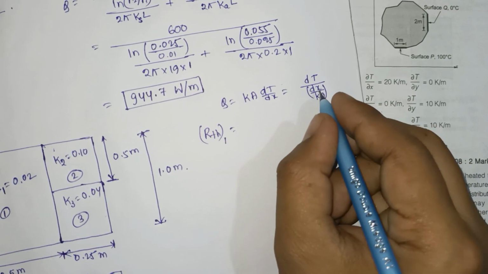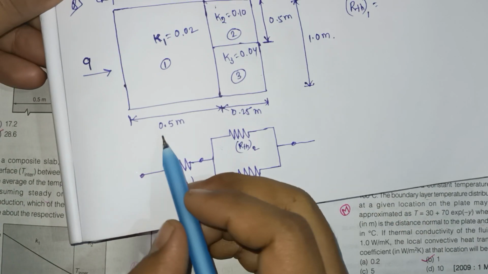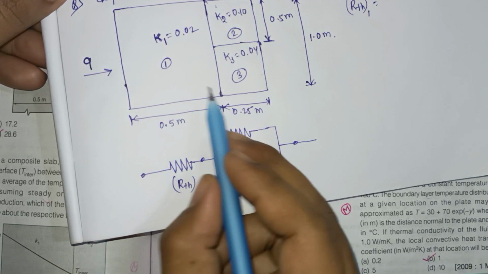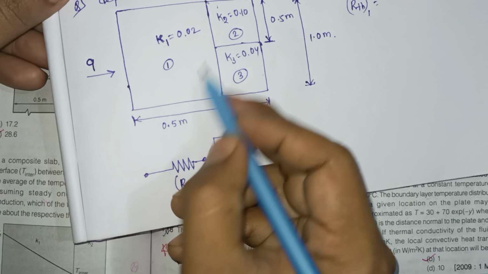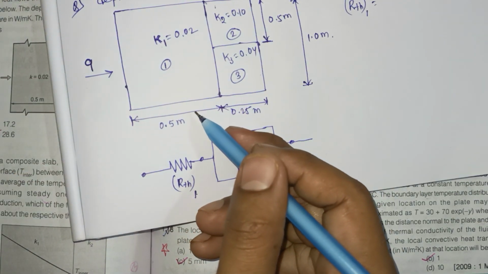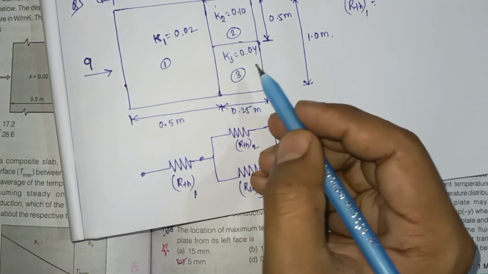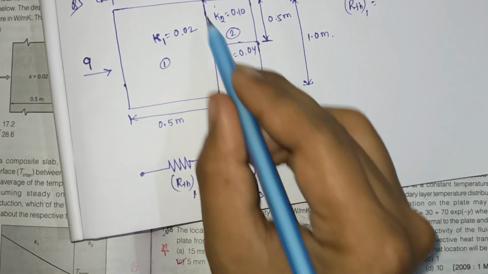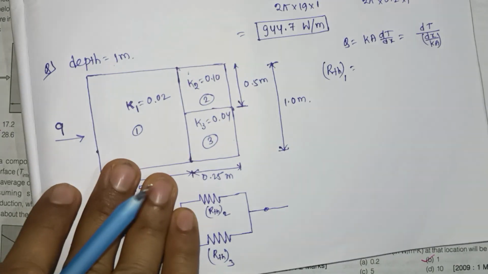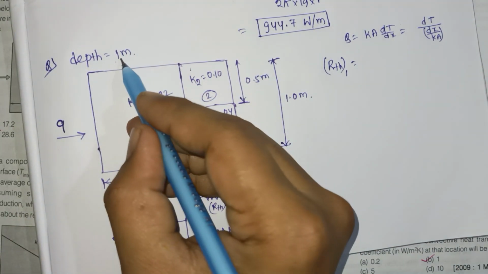So dx means this length, dx by K into area of this plate. What is the area of this plate? That is this length and depth 1 meter.